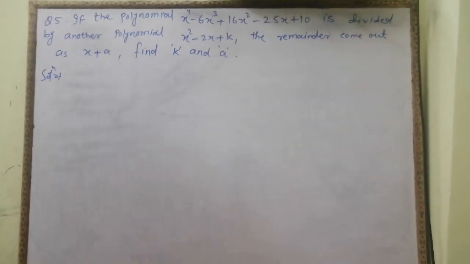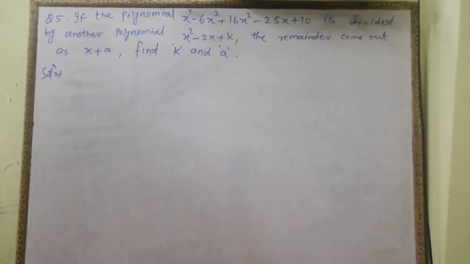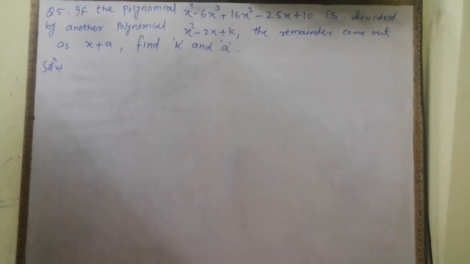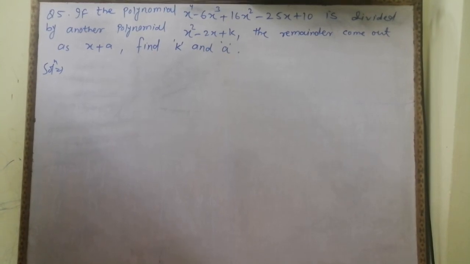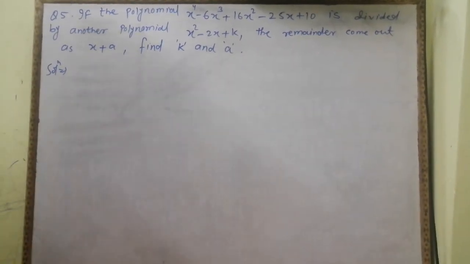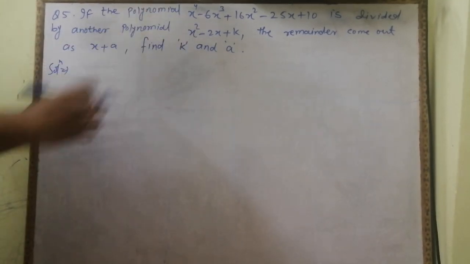It is also discussed in the Zoom classes, but here I am repeating it because it is a quite higher order thinking skill question, so that you can learn from this video.